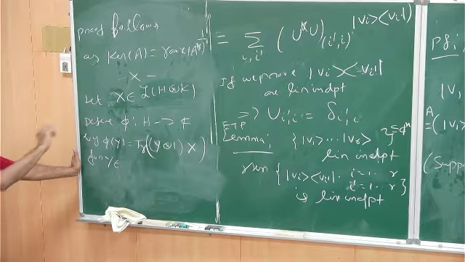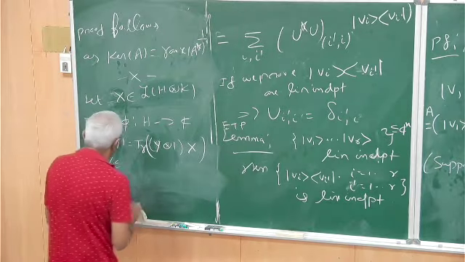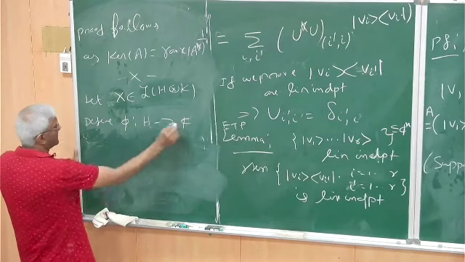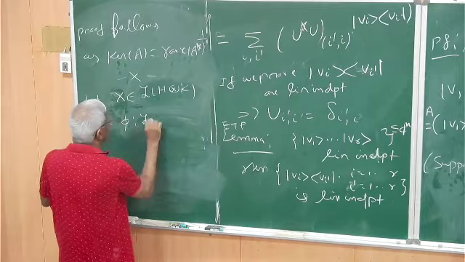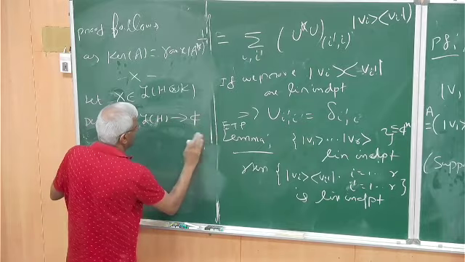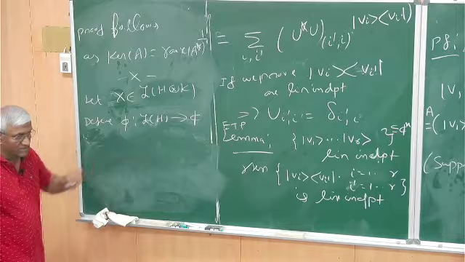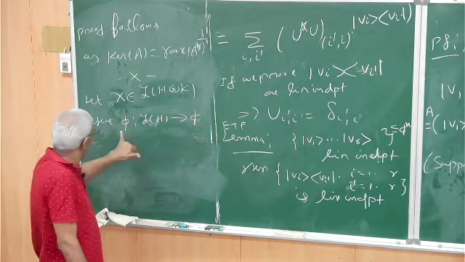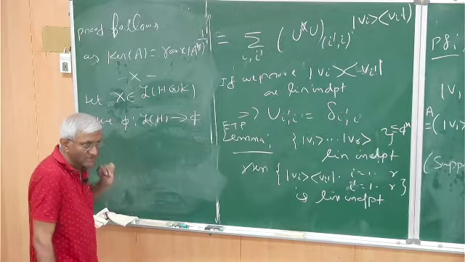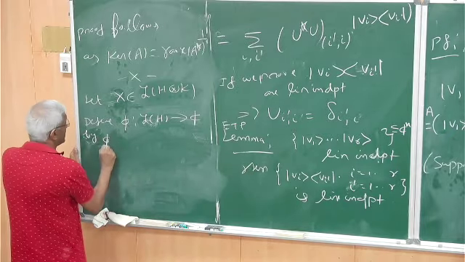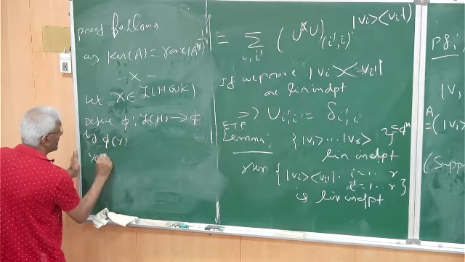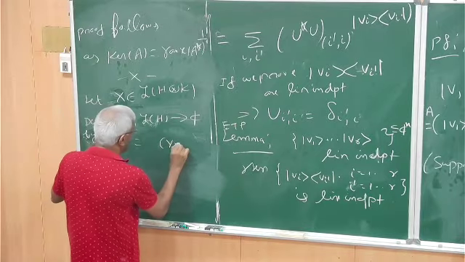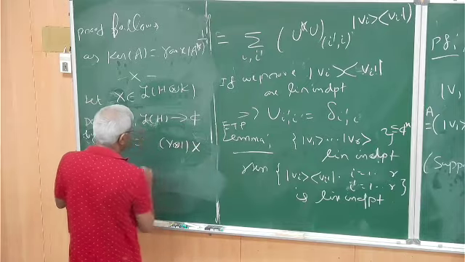Trace on the bigger space, H tensor K. I'm sorry, you fix an X in L of H tensor K, then you define the linear functional phi from L of H to C by phi of any Y in L of H equal to the trace of Y tensor 1 times X.